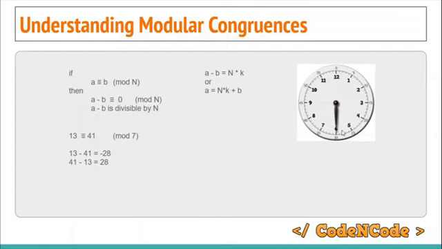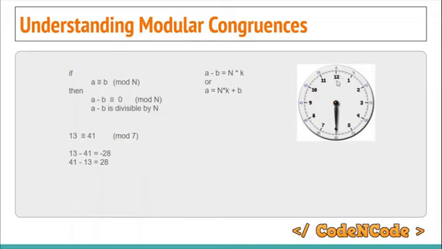Suppose it was 6 a.m., then after 12 hours it would be 6 p.m. That is, each number repeats itself after 12. So there is a repetition after 12.